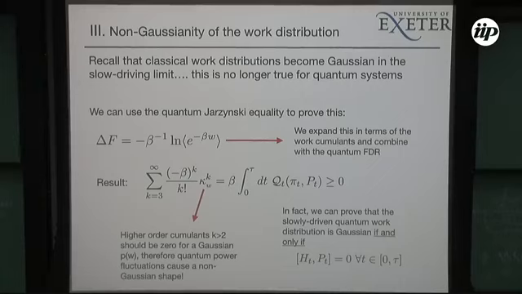But these are actually equal to our quantum correction. So if the power doesn't commute with energy, then you're going to get a non-Gaussian distribution. We can actually prove that this is an if and only if case: slowly driven quantum systems are Gaussian if and only if energy and power commute.